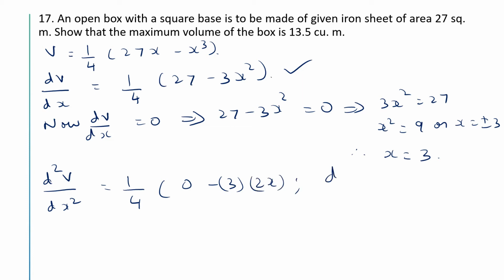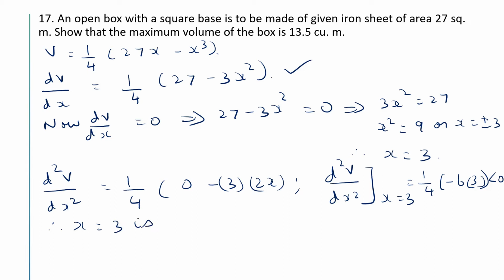Now at x is equal to 3, we have d square V by dx square is equal to 1 by 4 into minus 6 into 3, which is less than 0. Therefore, x is equal to 3 is a point of local maxima.